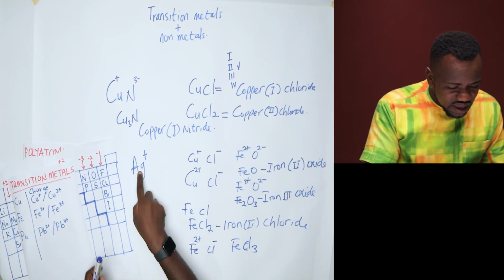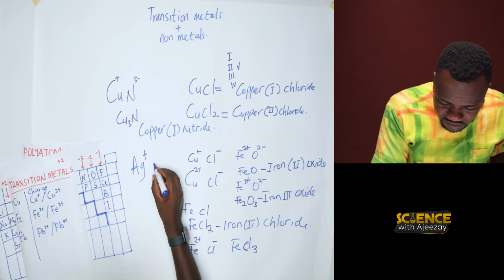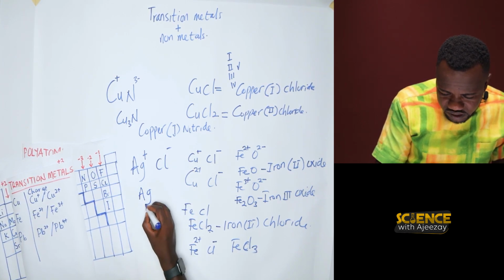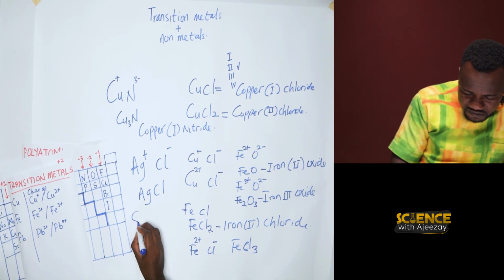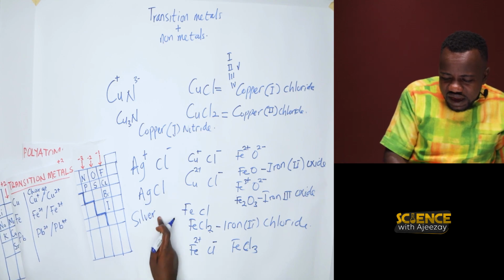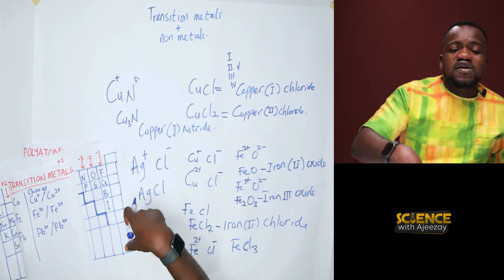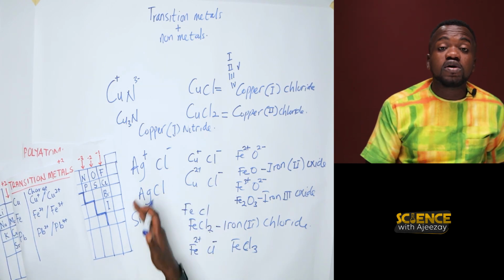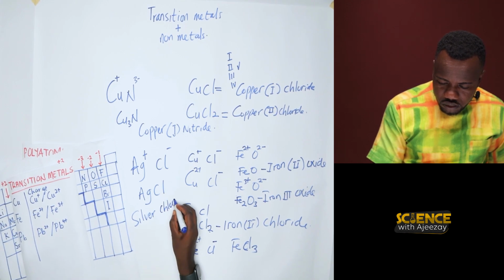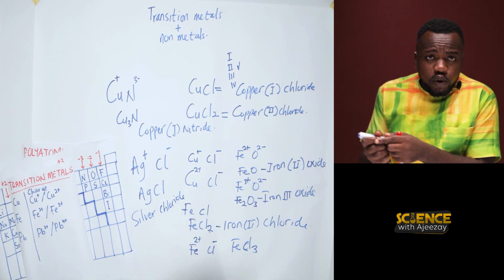So if it's silver and then let's say chlorine, it is AgCl, and this is silver chloride. I don't need to put a Roman numeral to show which ion it is, because silver reacting with chlorine has only one charge.